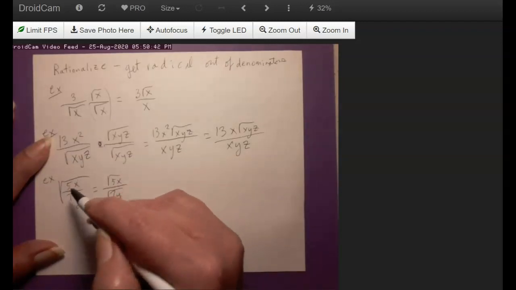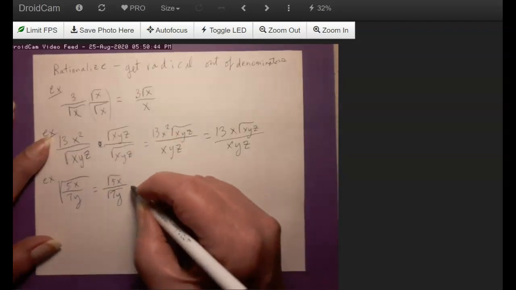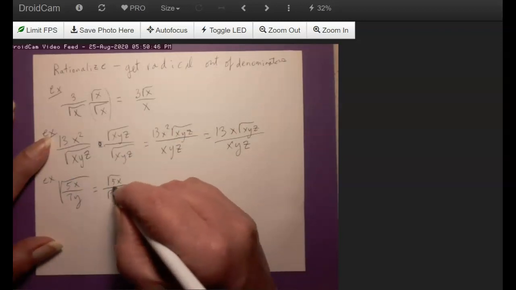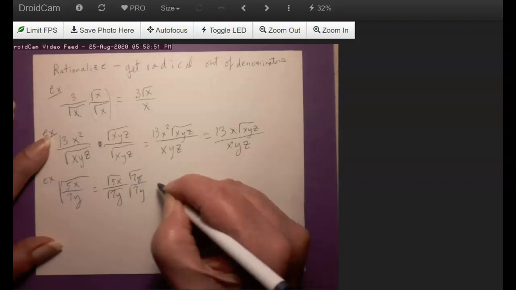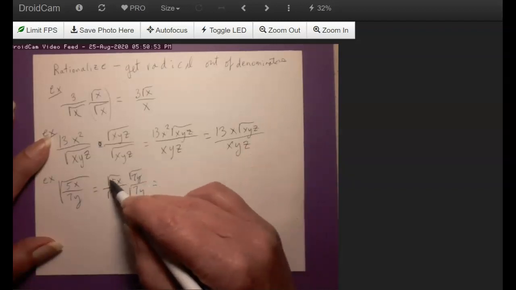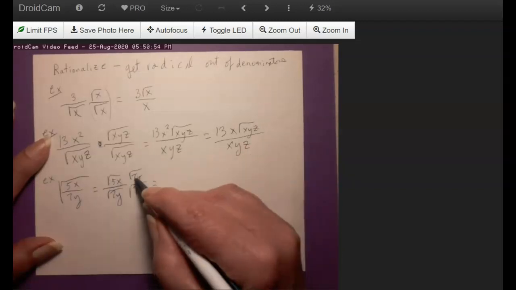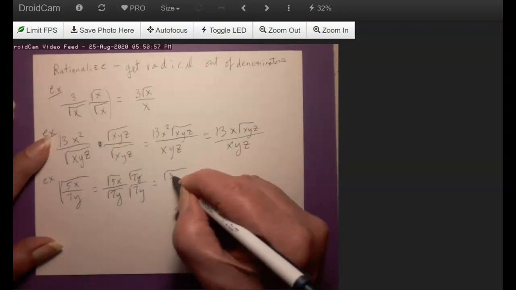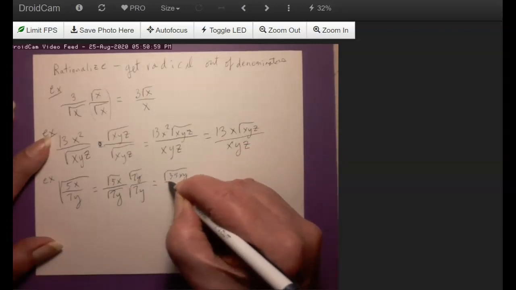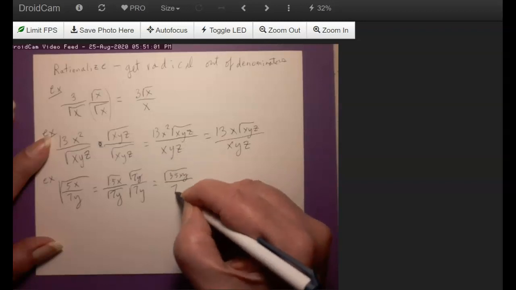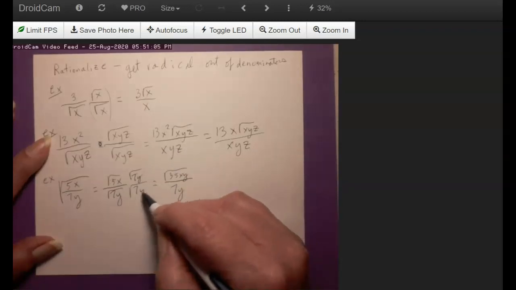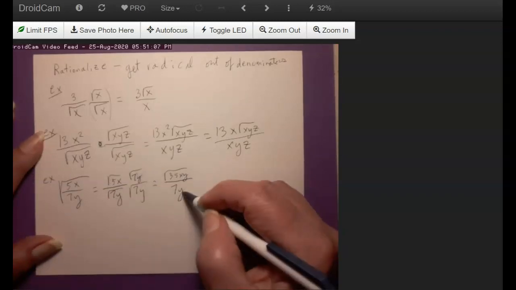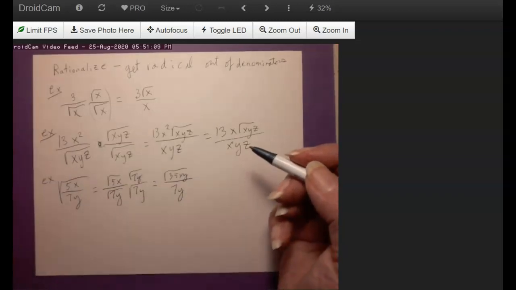But if you could have reduced this, you would have reduced that first. So I'm going to multiply by just enough, square root of 7y. And these are both square roots, so I can multiply the two of them there. So I end up with the square root of 35xy over 7y. So the square root of the same thing here, two square roots multiplied, same thing under them, is going to pop that out from underneath the square root.